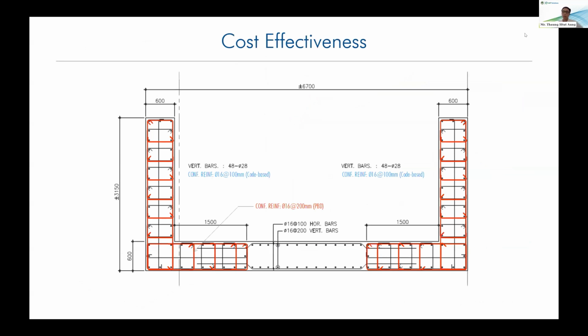When we design the building members, we have to follow the code detailing rules. For example, if we want to use special reinforced concrete shear walls, we have to follow the confinement rules at the boundary zones. For the boundary zones, we have to provide 100 millimeter vertical spacing in the code-based design.